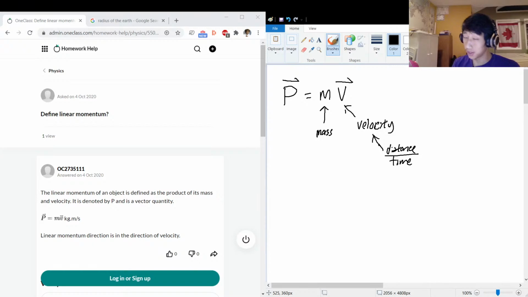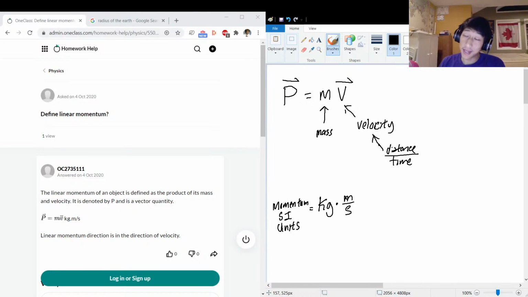So it's not just velocity. In SI units, we would have kilograms times meters per second, not second squared, that's acceleration. We're talking about velocities here. And this is momentum.